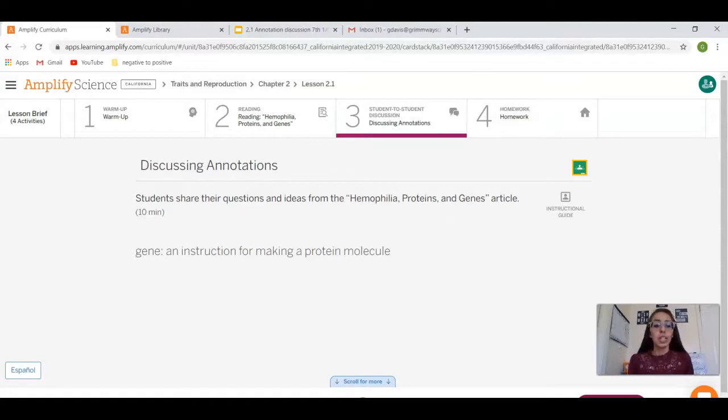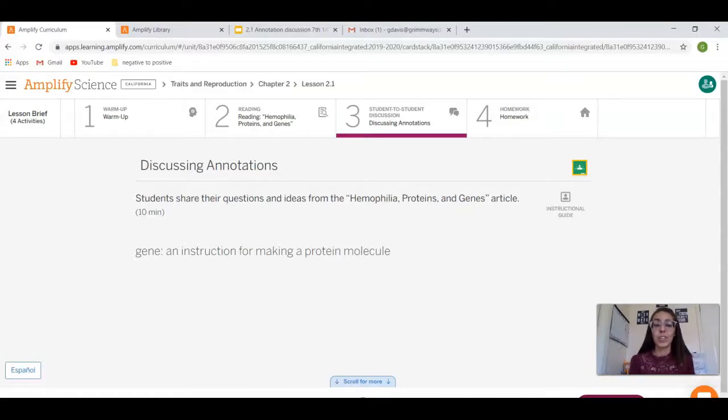So a gene, as you can see on your screen, is an instruction for making protein molecules. That's very interesting, right?